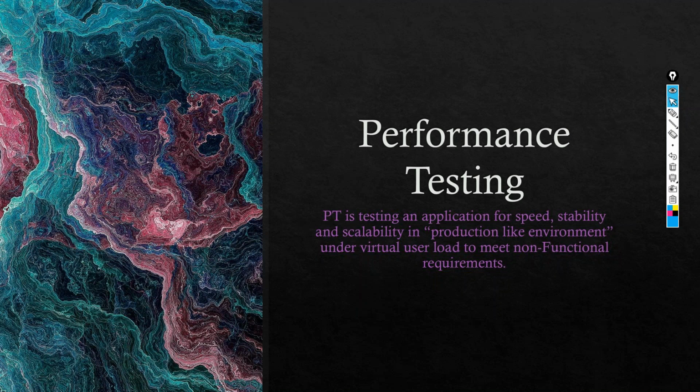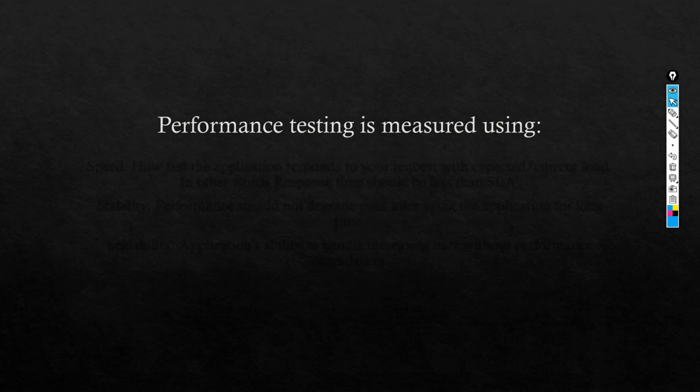So let's begin with speed, stability, and scalability. Okay, so performance testing is measured using speed, stability, and scalability, guys. Earlier, way back in, let's say, 15-20 years back, performance testing was mainly measured in terms of speed only. It was not measured in terms of stability and scalability much.